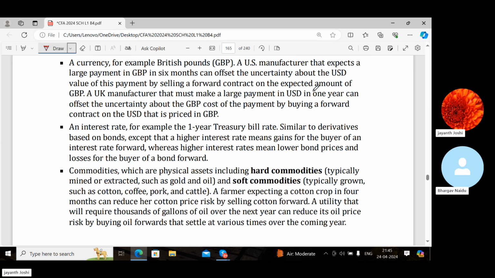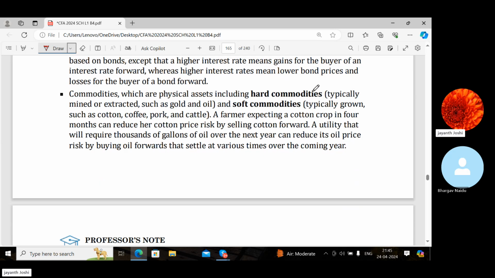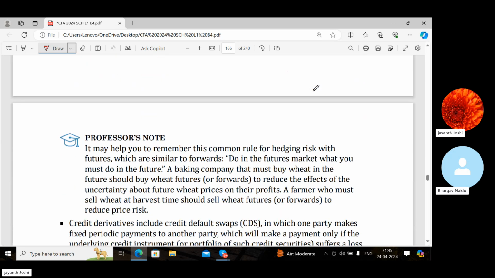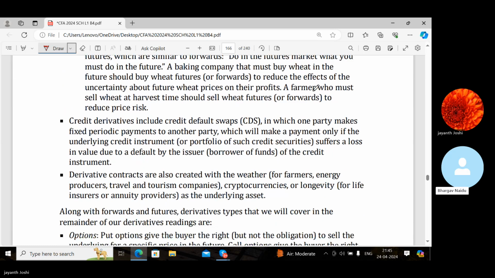You can also fix rates for taking loans in the future or selling your bond in the future or buying bonds at some rate. You can also make contracts with respect to commodities, fixing a price today itself so that in the future at that price you buy or sell, and you may gain some profits out of it, right?